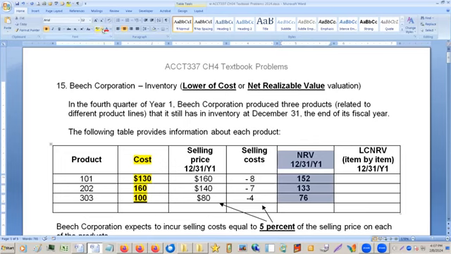And so whichever one is lower, that's the one we're going to go with. Okay, so lower of cost or net realizable value.